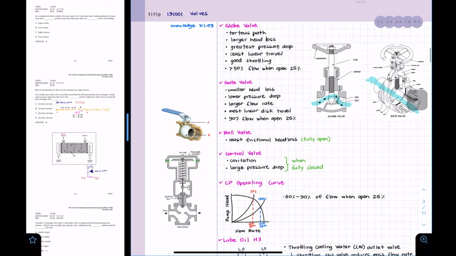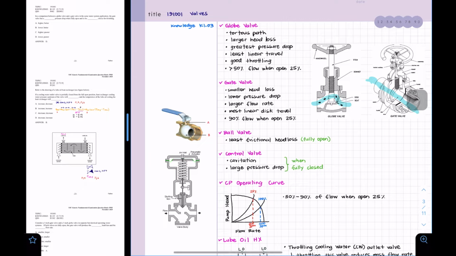Next, we're going to have the centrifugal pump operating curve. And this is something that we saw in the globe valve and gate valve, right? When the valve is open 25%, we let out 50 to 90% of the flow.